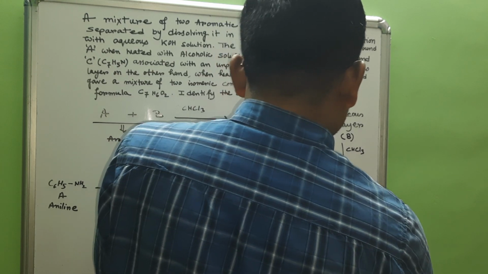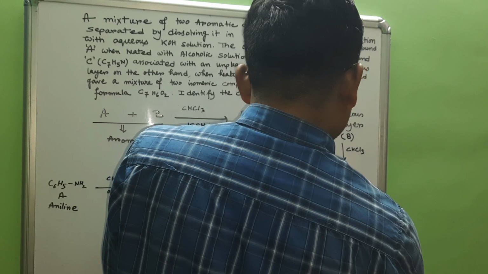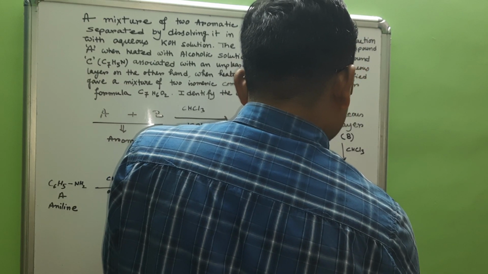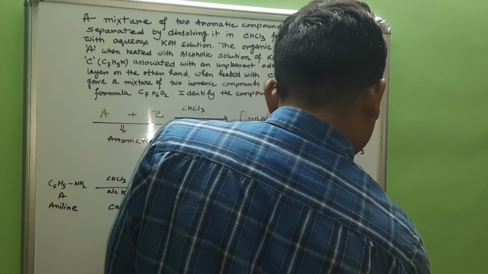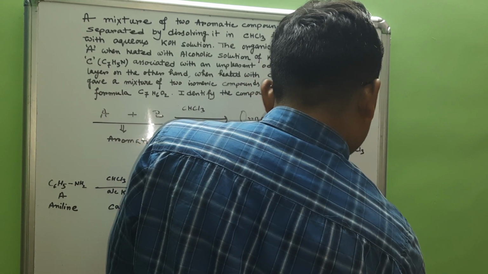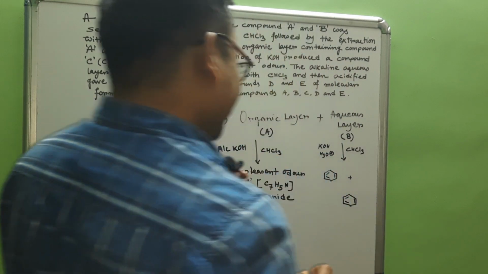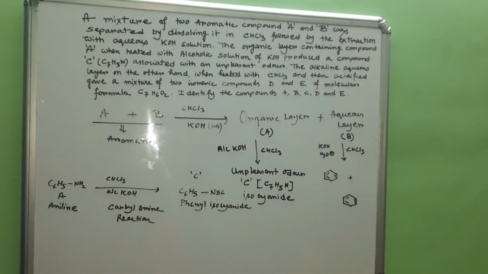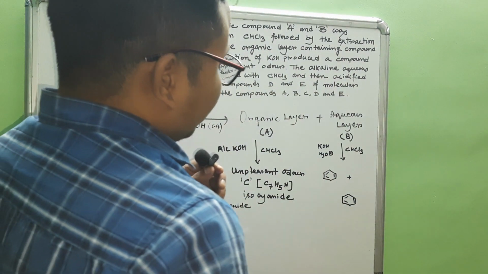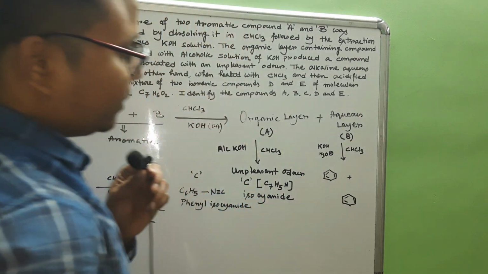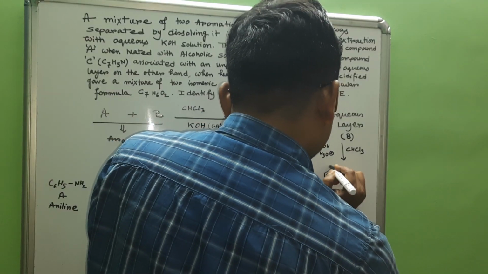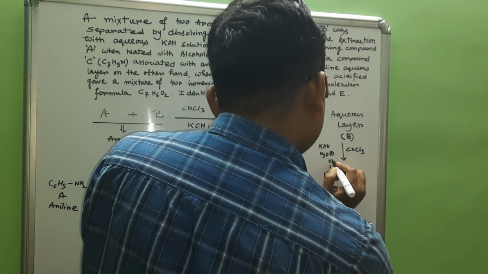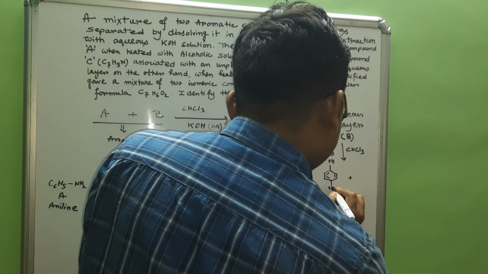It gives two isomeric compounds. As B is also aromatic, these are the two isomeric aromatic compounds we are going to write. This is the Reimer-Tiemann reaction. This is actually C6H5CHO.